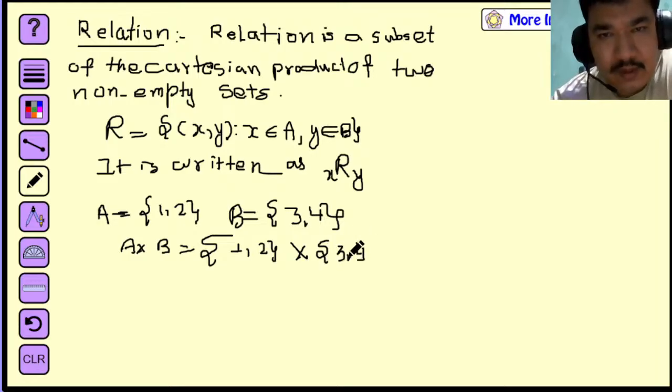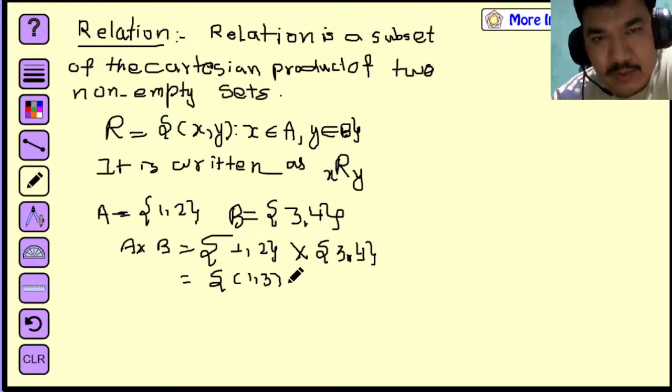How to find the product? Look here, first of all 1 makes a pair with 3: 1 comma 3, and 1 comma 4.